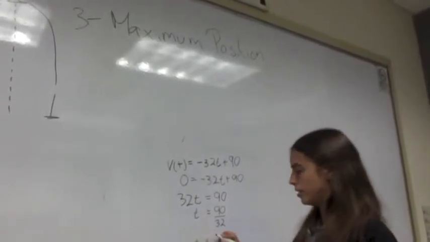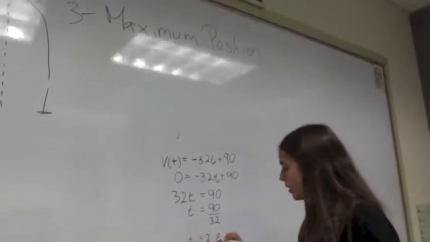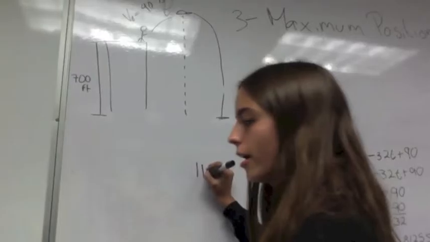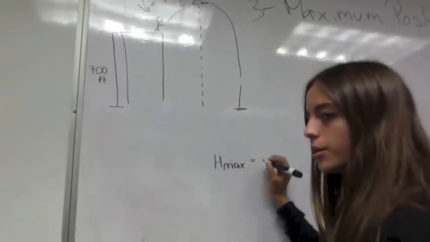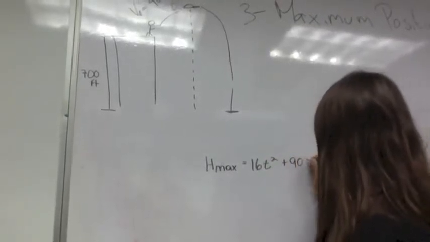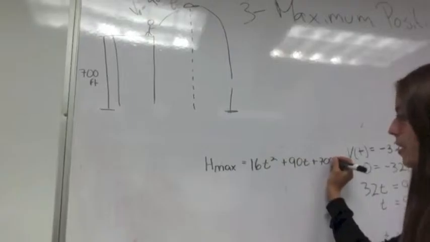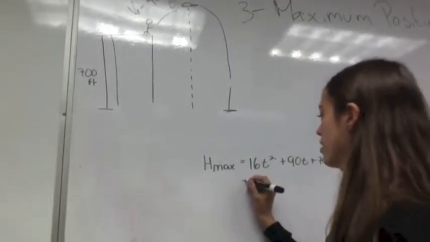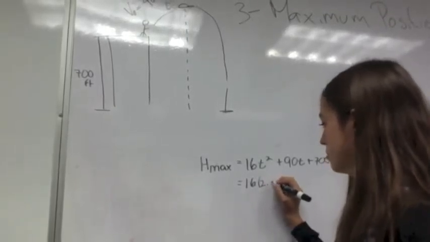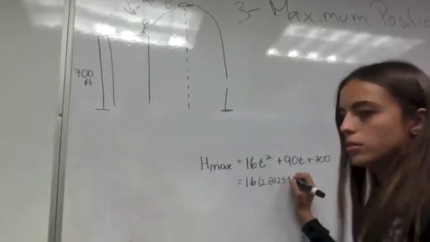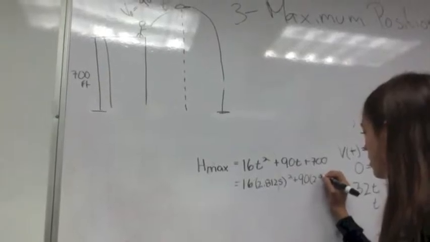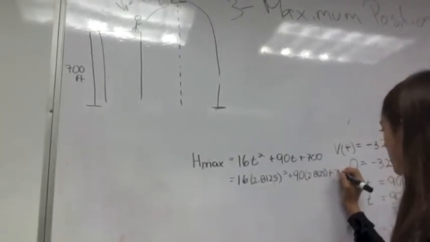So the time is 2.8125 seconds. To get the maximum position, we use the formula: x max equals negative 16t squared plus 90t plus 700, and we substitute t with the time that we got, which was 2.8125, squared, plus 90 times 2.8125 plus 700.